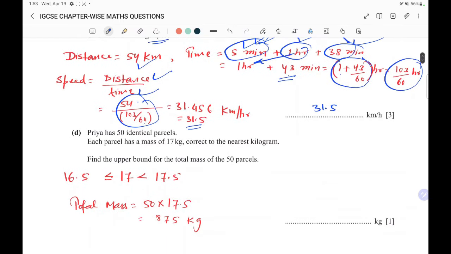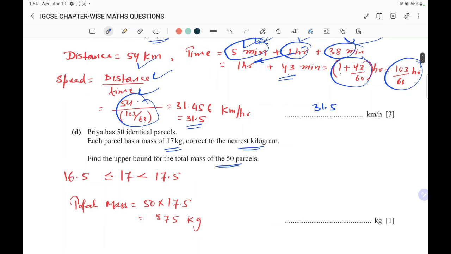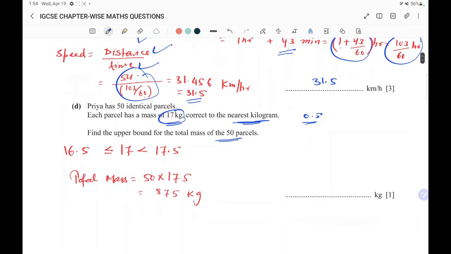Now Priya has 50 identical parcels. Each parcel has a mass of 17 kg, correct to the nearest kilogram. Find the upper bound for the total mass of 50 parcels. So this 17 kg is to the nearest kilogram, so we have to add 0.5 and subtract 0.5. So 17 and add 0.5, it will be 17.5.